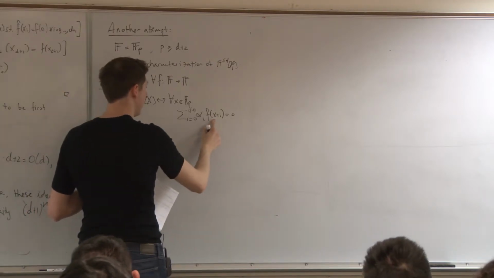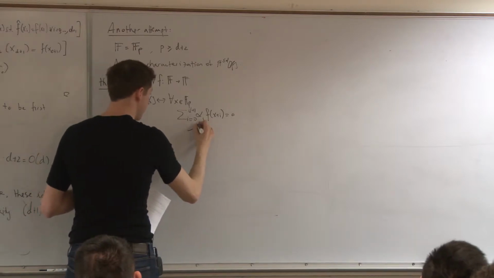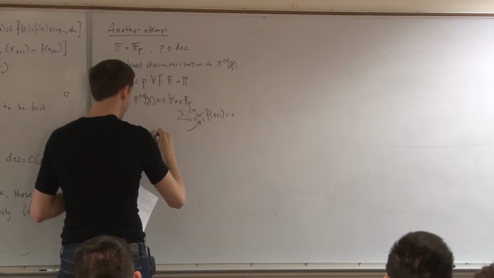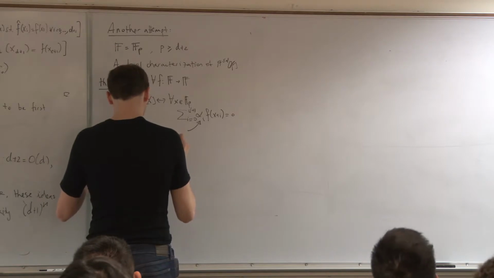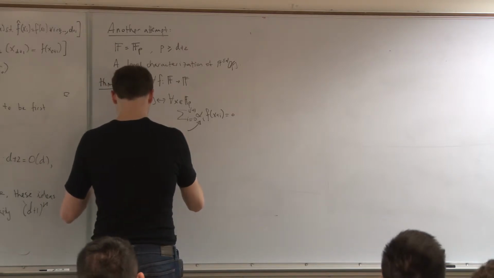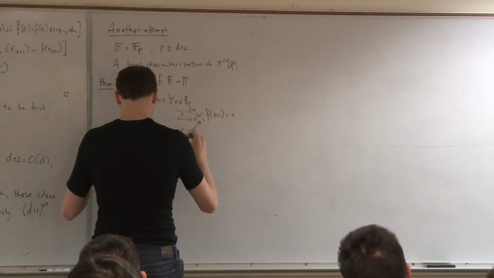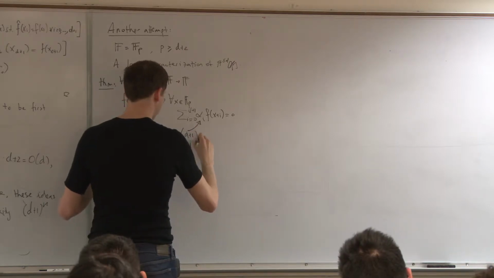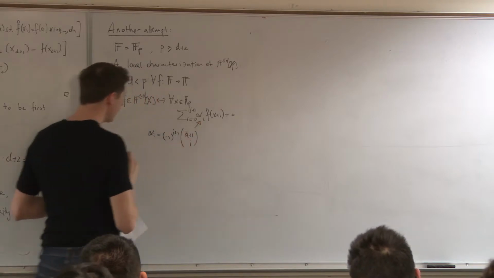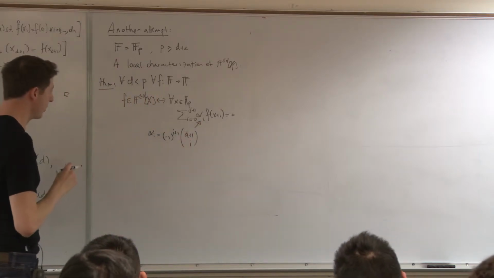And you check whether this sum is zero. And these alpha_i look a bit funny. It's minus 1 to the i plus 1 times d plus 1 choose i. Okay, they're a bit strange coefficients.